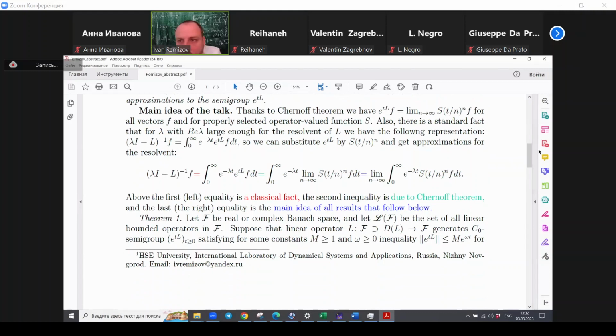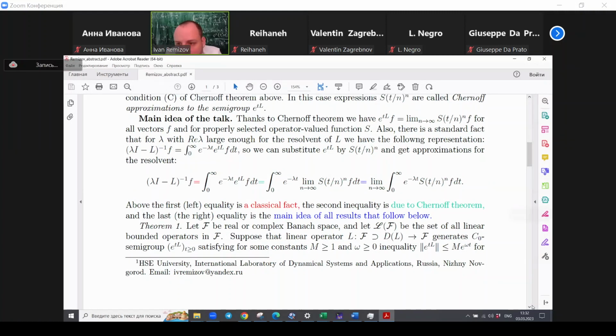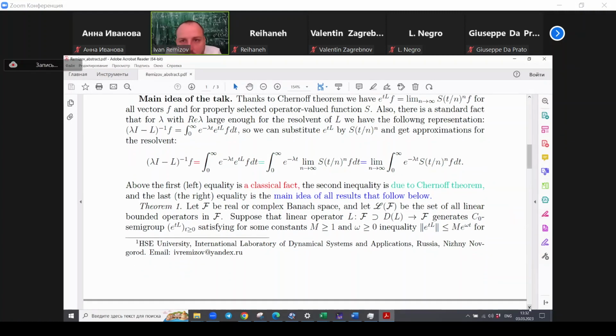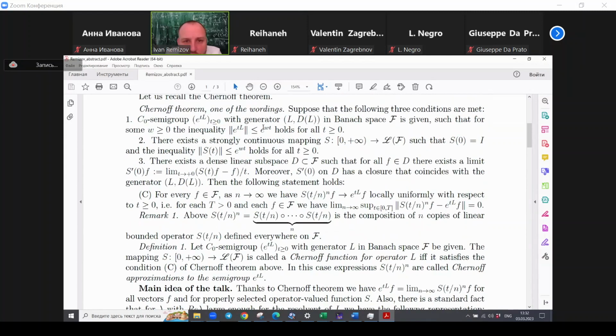So thanks to the Chernoff theorem, we have that convergence for all vectors f and for properly selected operator valid function S, which is Chernoff function for operator L. Also, there is a standard fact that for lambda with the real part of lambda large enough, in our context, it means that lambda should be bigger than this omega.